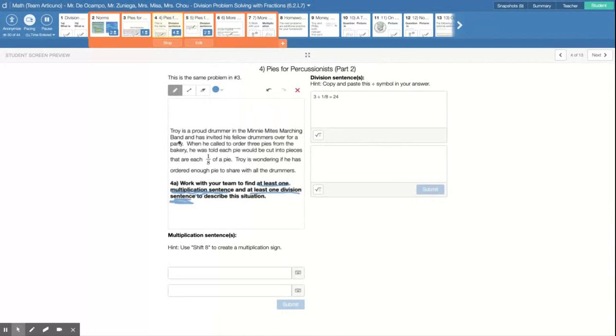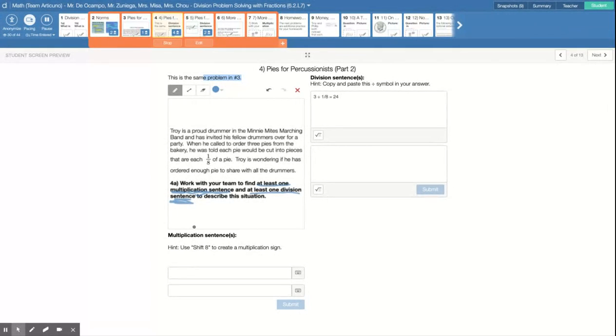Now, if we go to number 4, this is the same problem as in number 3. Good news, I don't need to reread this again unless I need to. If I go over here now, it says: work with your team to find at least one multiplication sentence and at least one division sentence to describe the situation.